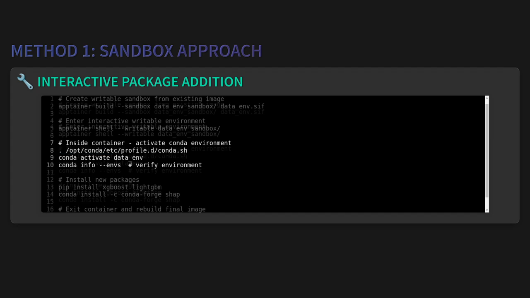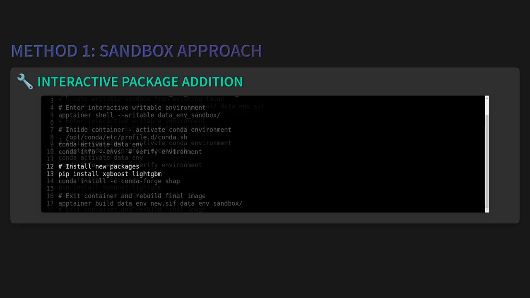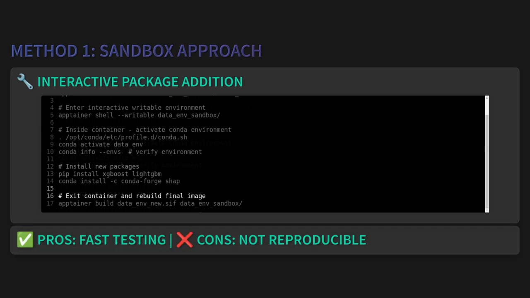So do not forget to use this, because it's very, very important. Once you do this inside the shell, you can then conda activate your environment, and then you can check everything that you want based on conda, and then you can install the package that is missing. And once it's done, you exit the container and you rebuild the image using apptainer build, for example, new .cif, based this time not on the recipe file but on the sandbox.